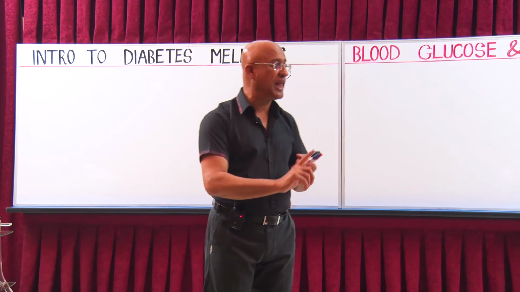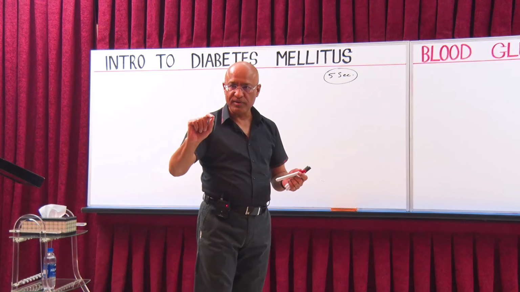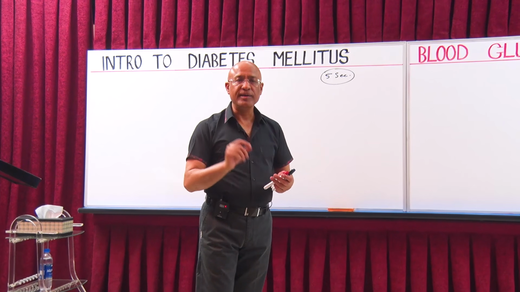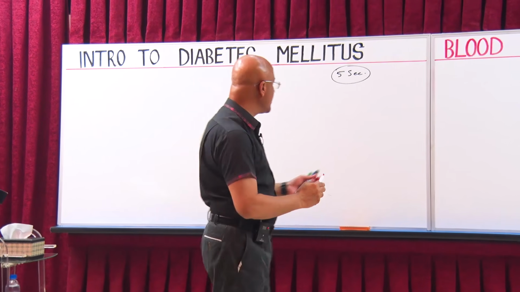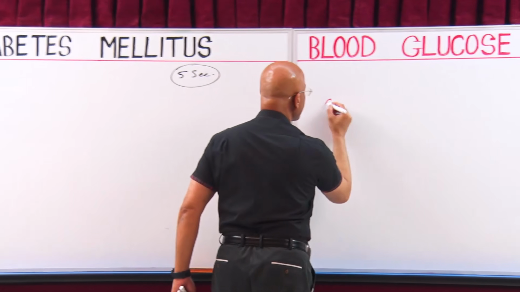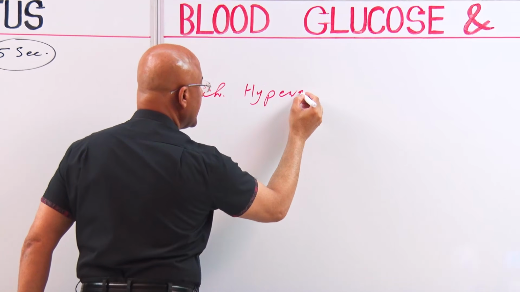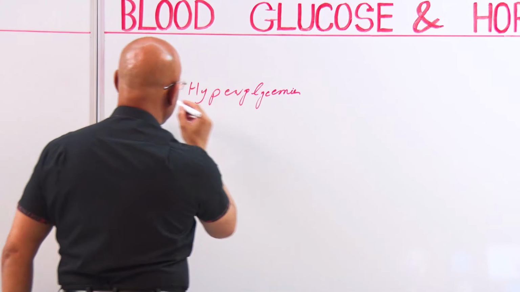Now, what are the commonalities? The common thread in all the diabetic patients is the tendency for chronic hyperglycemia. What is that? Tendency for chronic hyperglycemia, right? This is one thing.